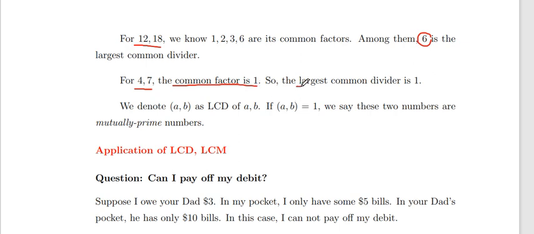If the largest common divisor is 1, we call those two numbers mutually prime. Like 4 and 7, we do not have a common factor. So this is a new notation: mutually prime.